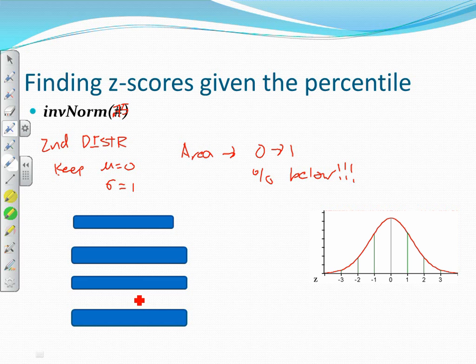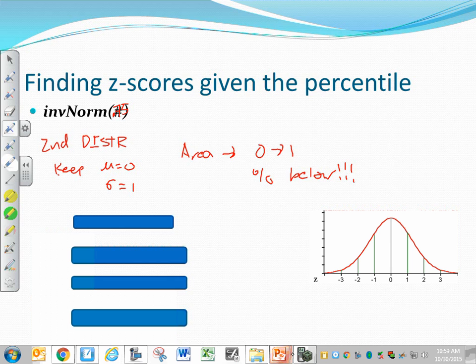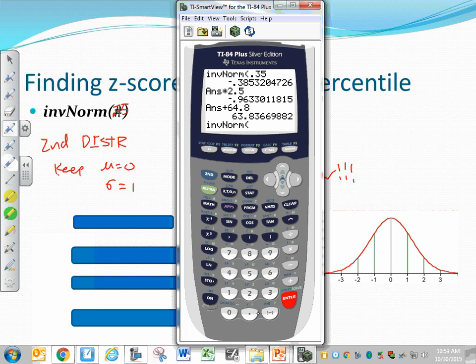So if I typed in inverse norm, 0.75, your calculator will spew out a value. 0.67. What is that value?